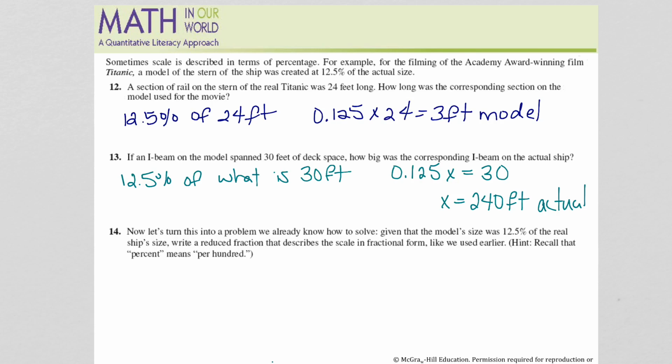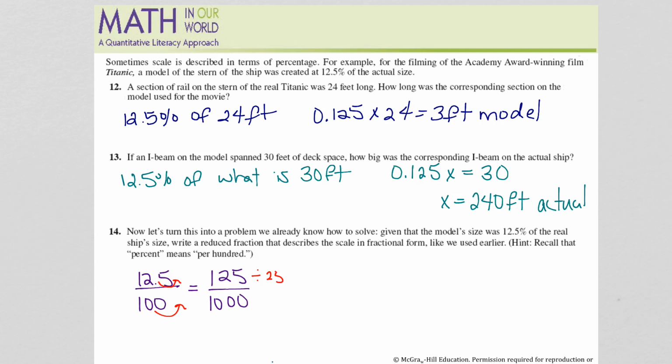Last, could we create a scale for this? Well, if 12.5% is the size of our model, we know 12.5 goes over 100, that's a percent, right? Let's move the decimal over. And that's the same thing as 125 over 1,000. And we need to simplify.